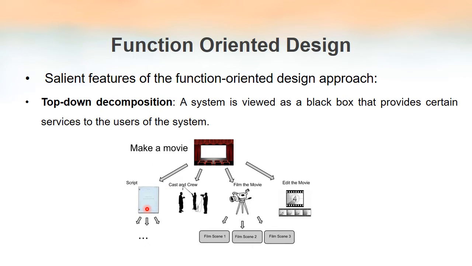For a movie we need a script. Those who know films well will have an idea what a script is. Without a script, there is no movie. Script alone is not enough. We need cast and crew, somebody to act, somebody to shoot it, etc.